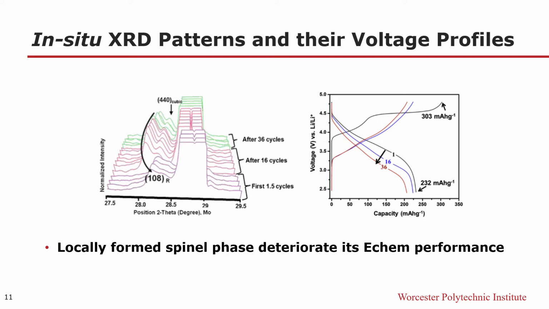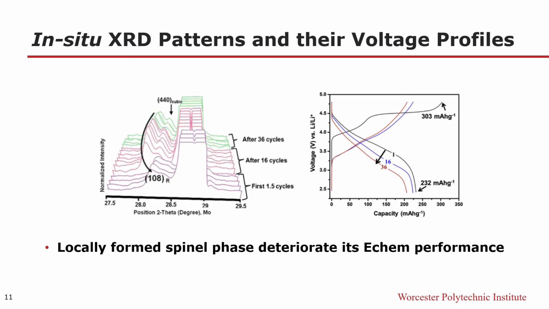This reflection is the characteristic 440 peak of the spinel phase, possibly due to the presence of LiMn2O4. The overall structure still remains layered, but it is expected that smaller spinel domains may have been created in the crystals and locally integrated into the layered framework.